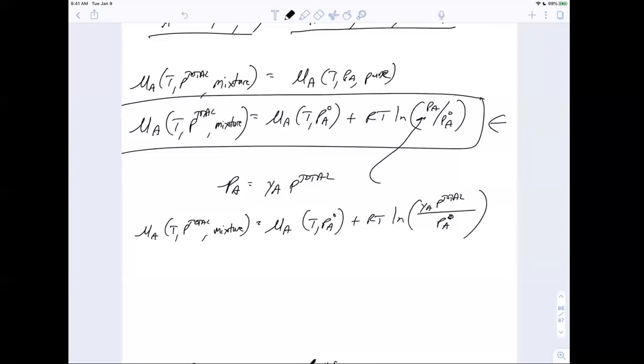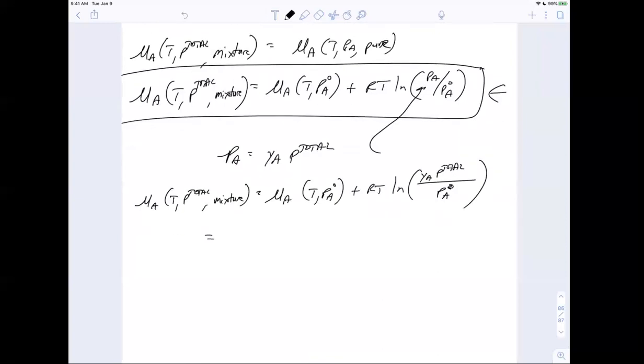Okay, let's continue then. So now we can decompose or decouple the elements of the argument of the log, because we have products there. When you have products in the argument of a log, you can make that into a sum. So that's what we're going to do. What we have here is mu A at T, P_A superscript 0, plus RT natural log.